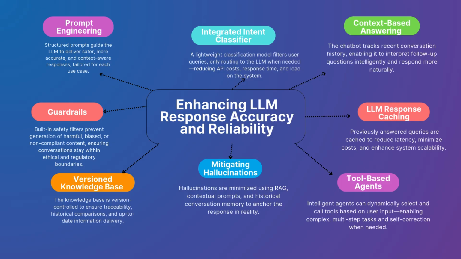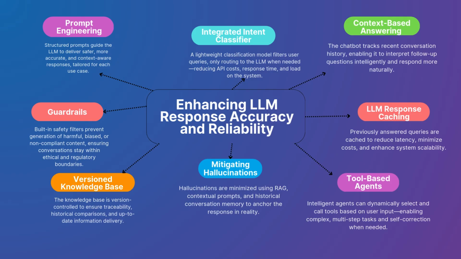By leveraging context-based answering, the chatbot remembers previous interactions, enabling it to respond naturally to follow-up questions and maintain conversation flow. LLM response caching further boosts efficiency by storing previously answered queries to enhance speed and scalability.